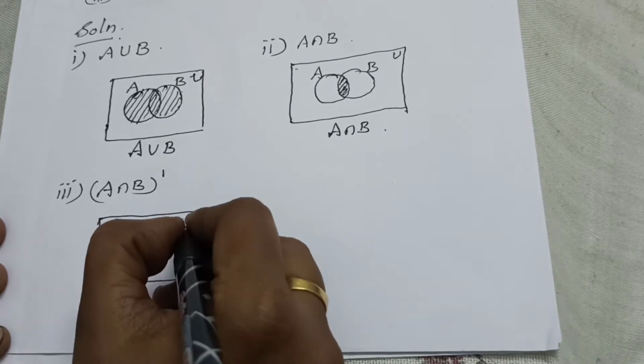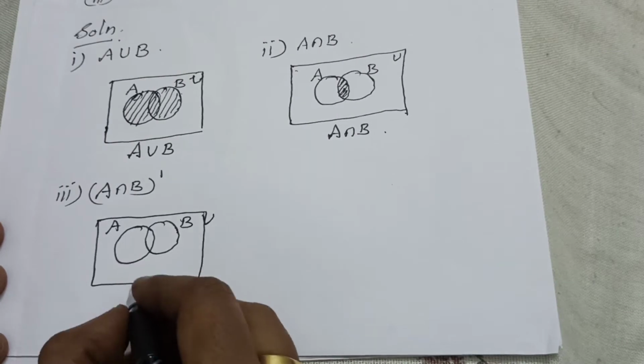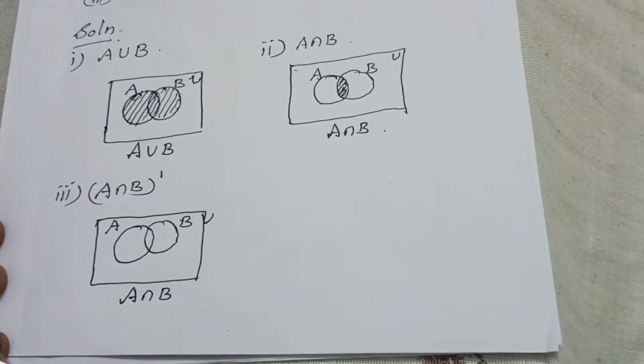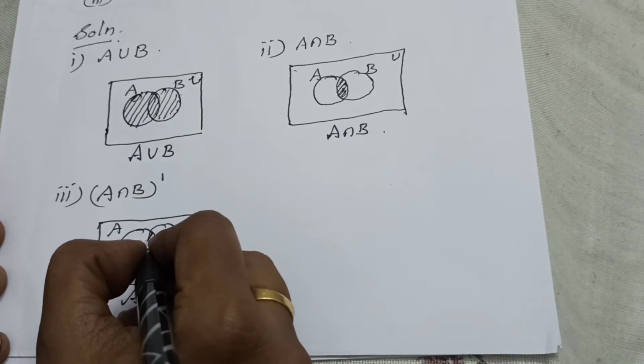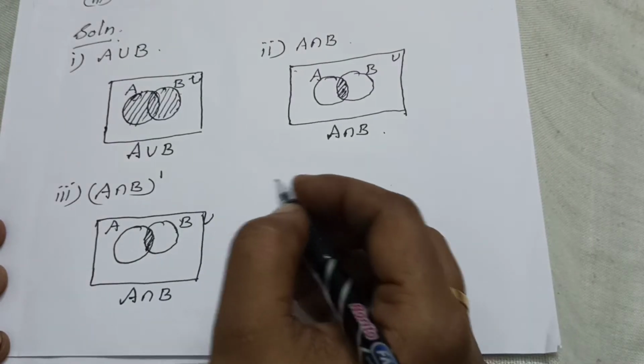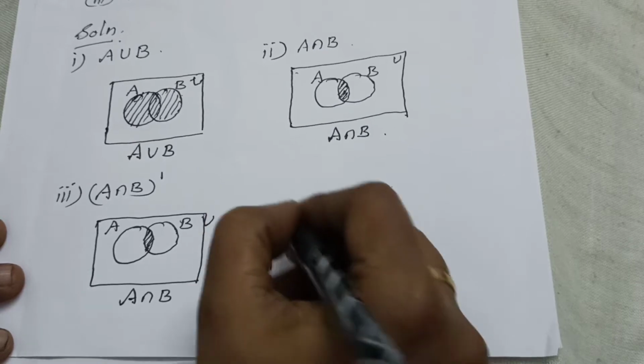This is set A, set B, and the universal set. A intersection B is the middle portion only, the common place. That portion only we have to shade. Then next one.